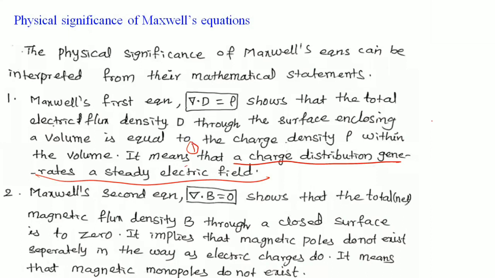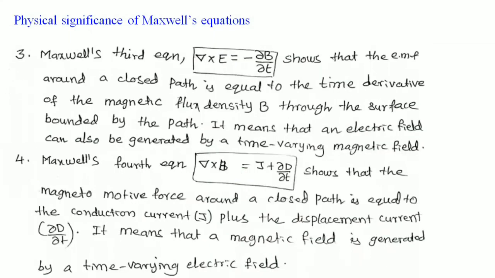So we cannot get a magnetic monopole is the second Maxwell equation's physical significance. The third one, the magnetic field generates a time varying electric field. Fourth one, the electric field generates a time varying magnetic field. These are the physical significances of Maxwell's equations.